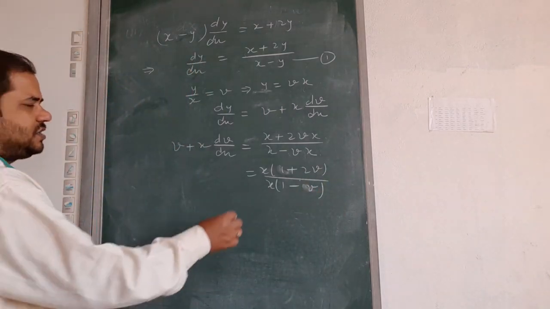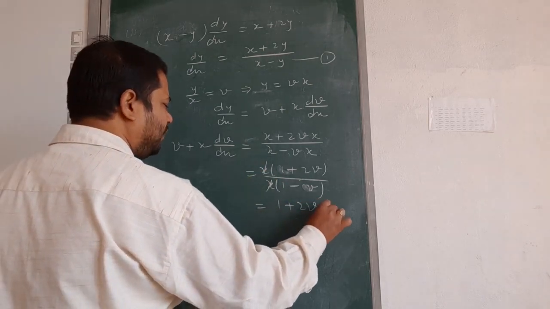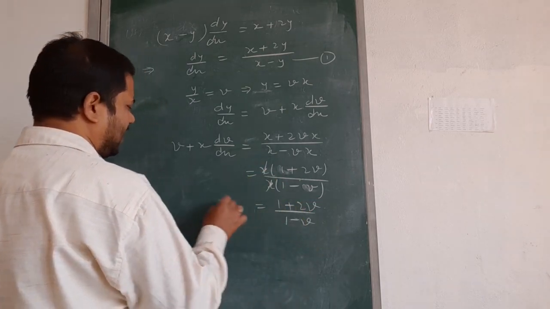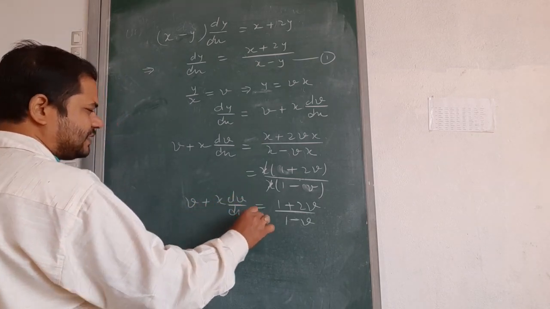As you saw in the theory, this is a function of v only, and this is v plus x dv by dx.